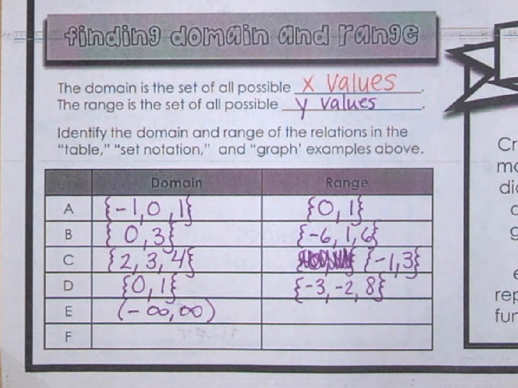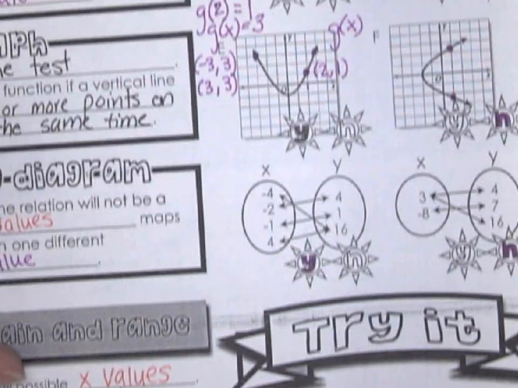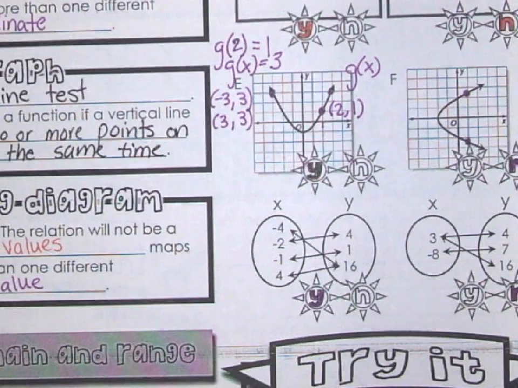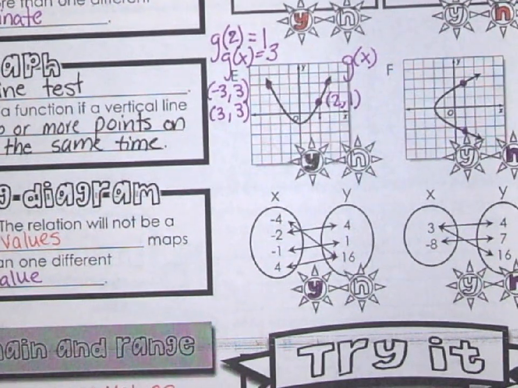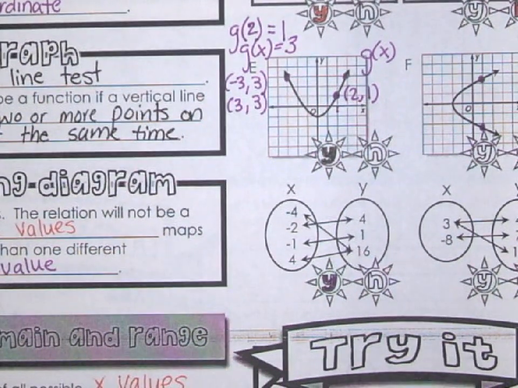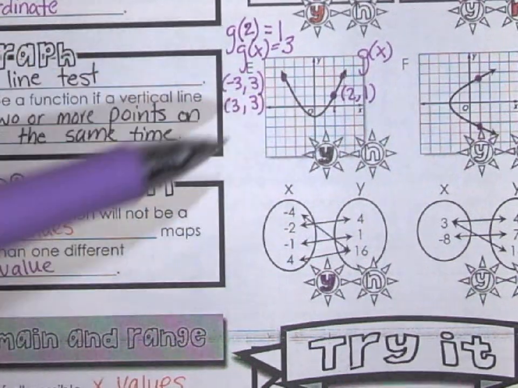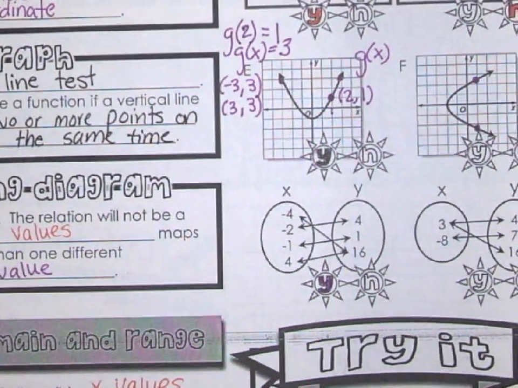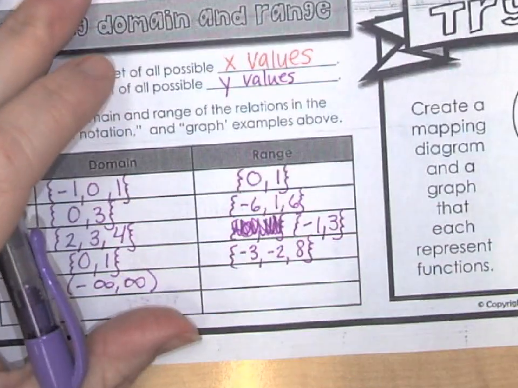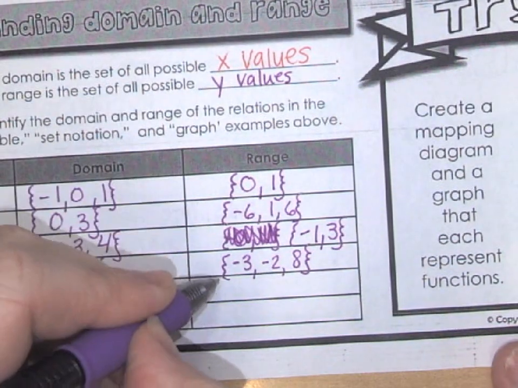The range, however, is a little bit different. If you look at graph E, there is a minimum point. See how it cannot go below that point. It never will. So that is our minimum point. It's also included, so we're going to use a square bracket, and that value is -1.